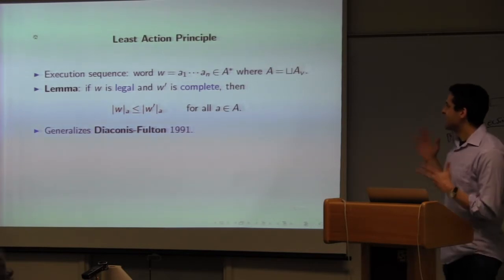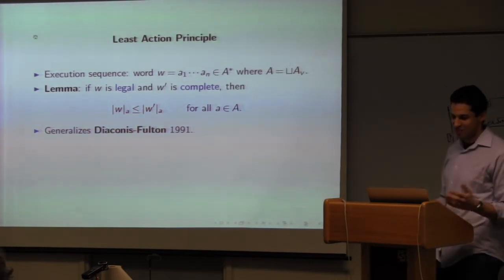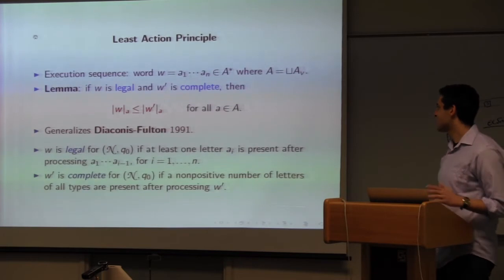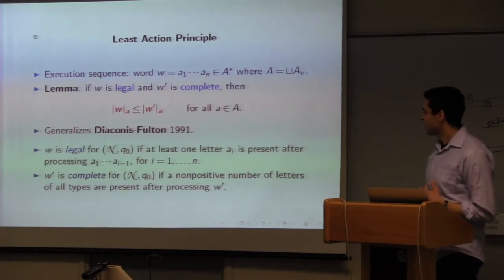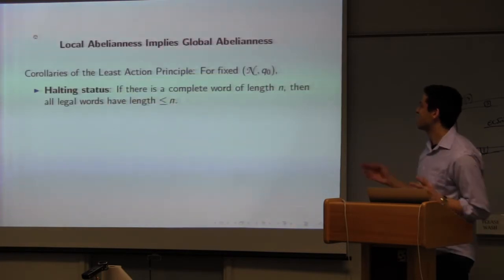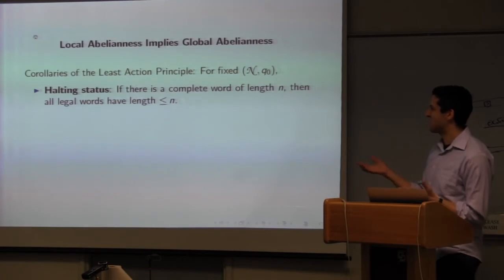It turns out that these networks obey a least action principle, analogous to the one for sandpiles. I'll skip the exact statement of the least action principle. I'll just say that its consequences are that we get everything on our wish list.